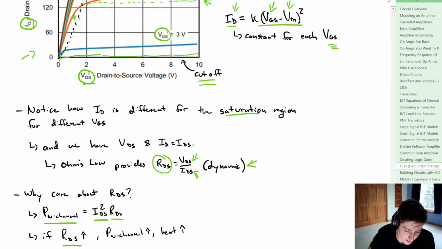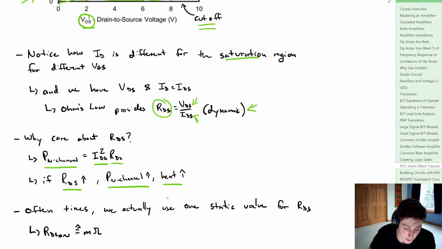And if RDS is high, well, then the power dissipated for the MOSFET is high, which means the part gets hotter. Now we know that we want to avoid burning parts up, so it's good that we have a low RDS value. And if we have a low enough RDS value, sometimes we generalize this and we just use one value for it, which is given in the datasheet.